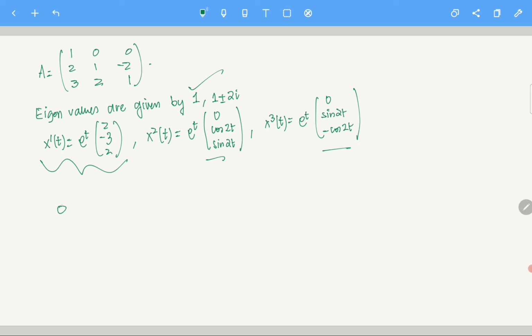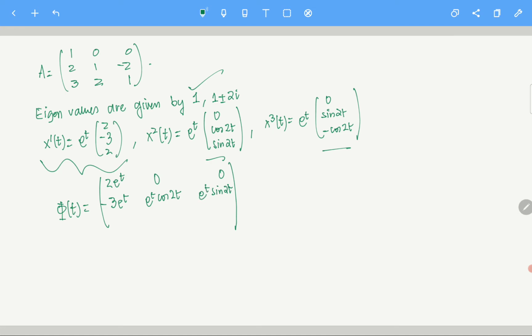Let's write down phi of t. It is 2 e power t, 0, 0, minus 3 e power t, cosine 2t and e power t sine 2t.